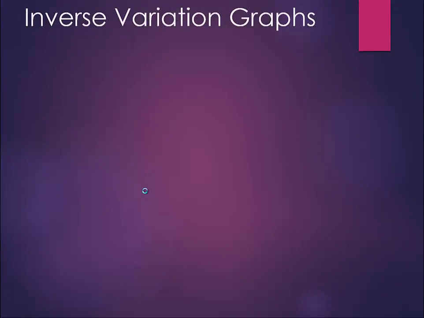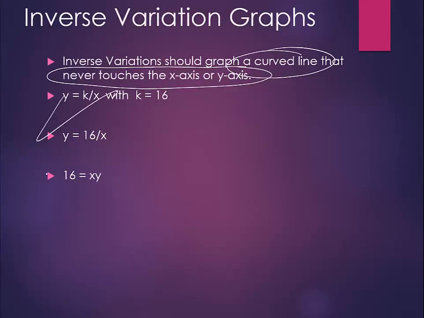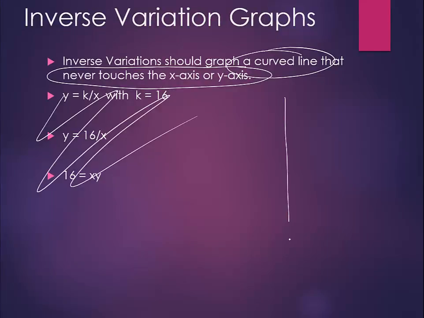Last thing, inverse variation in graphs. There are going to be 2 rules. Those 2 rules are, we have a curved line that never touches the x or the y axis. So let's go ahead and put our x and our y axis on the board.